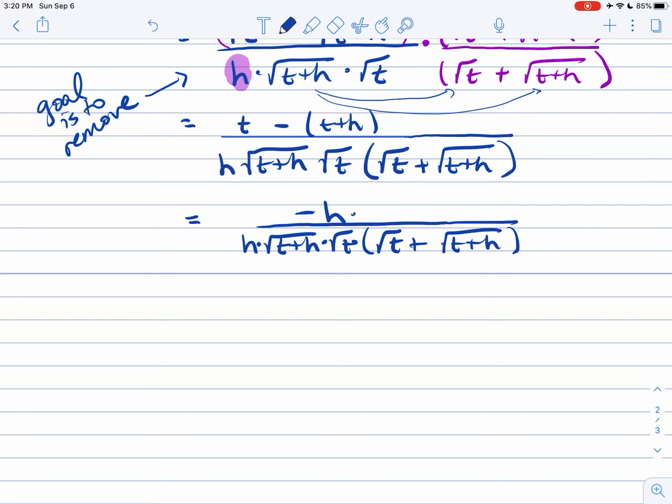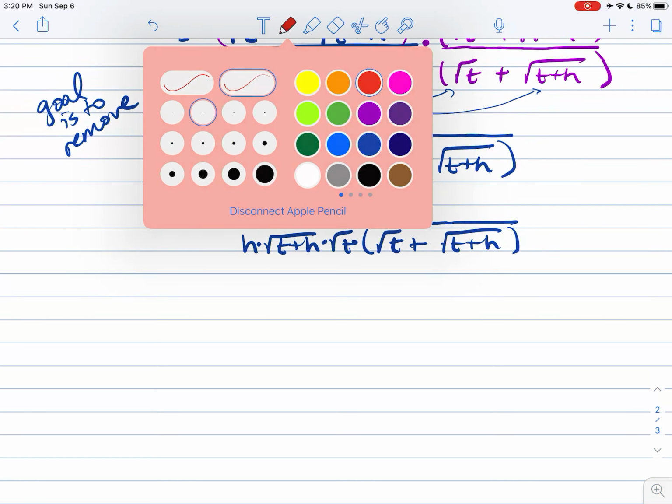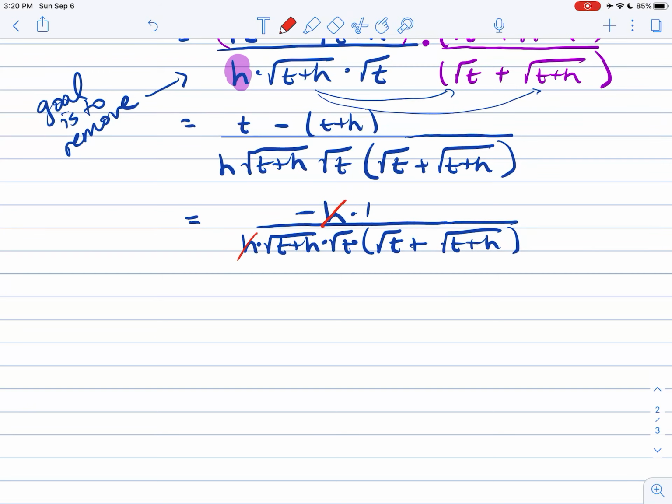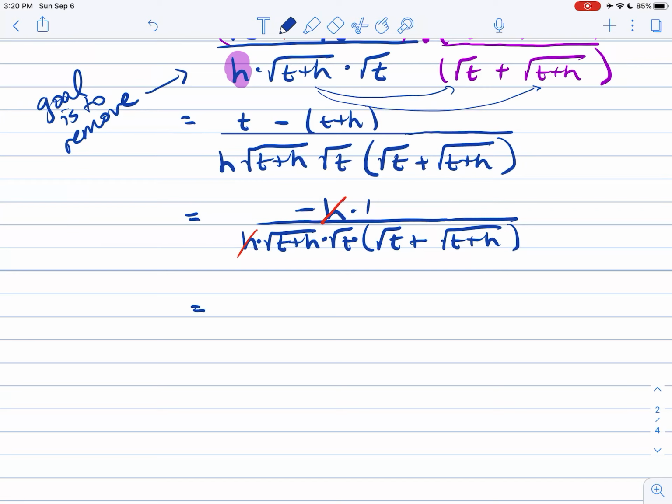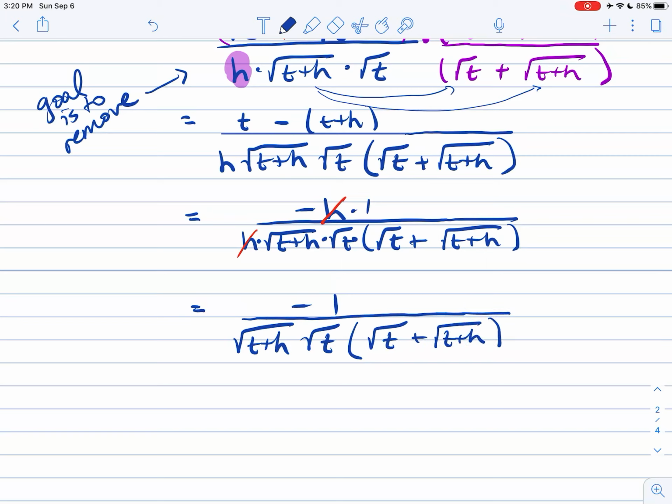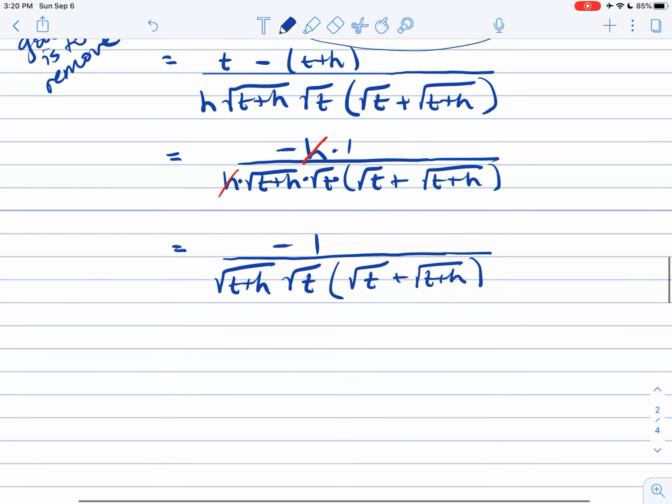I have multiplication in the denominator, and this is multiplication in the numerator. I am able to cancel my h's, and so I end up with, at the moment, minus 1 over square root of t plus h times the square root of t times the square root of t plus the square root of t plus h.